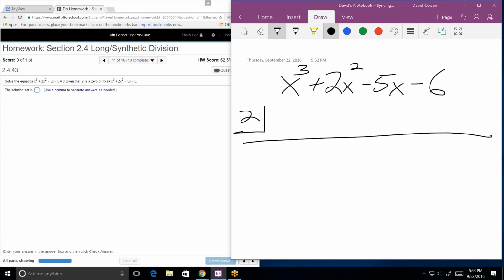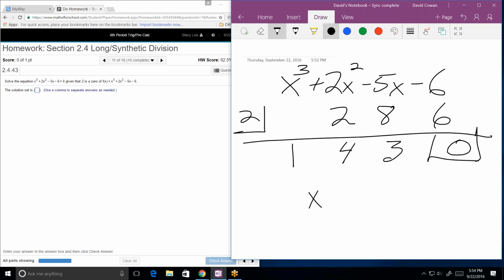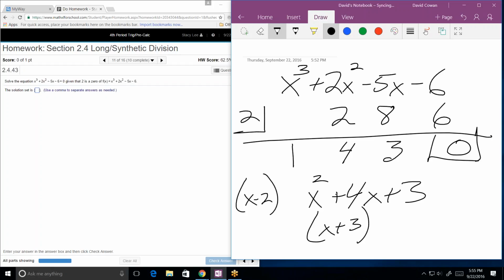Synthetically divide by 2, which gives us 1, 4, 3, 0. Okay, so now that means the resultant quadratic is x squared plus 4x plus 3. So x plus 3, x plus 1. So the zeros are -1, -3, and 2.